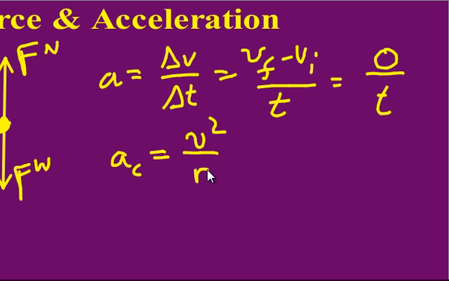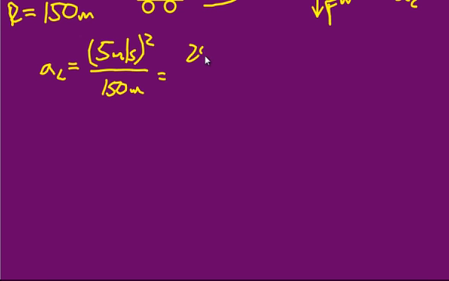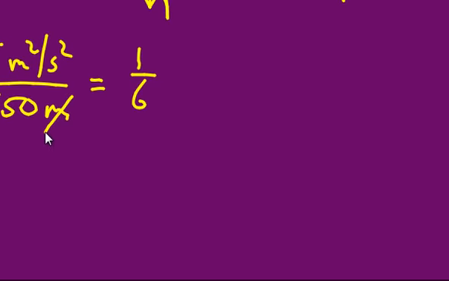So let's use it right away. We can calculate the centripetal acceleration of this car. It's moving 5 meters per second squared divided by 150 meters, and this is going to be 25 meters squared per second squared. I'm going to show you that the units work out here. 25 goes into 150 six times, so that's going to be 1/6, and then notice how the units cancel.